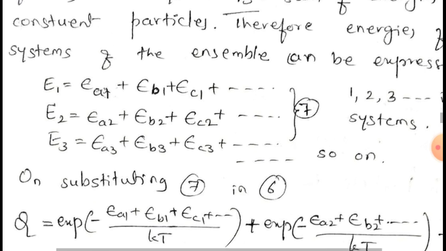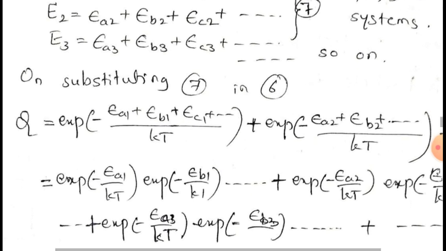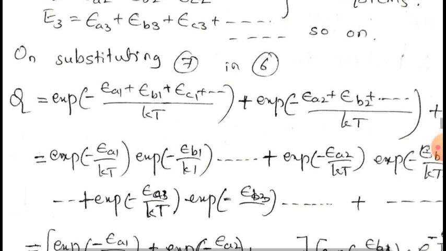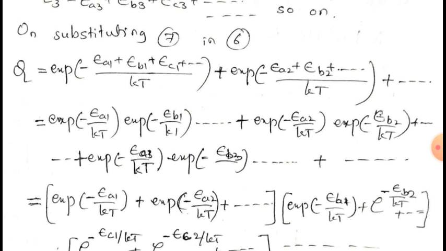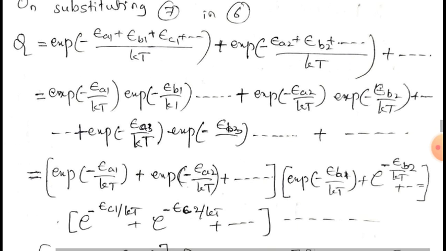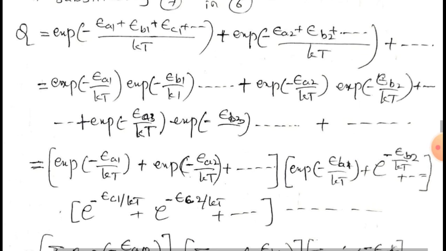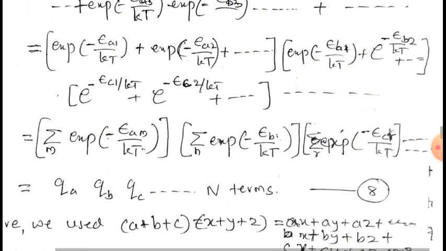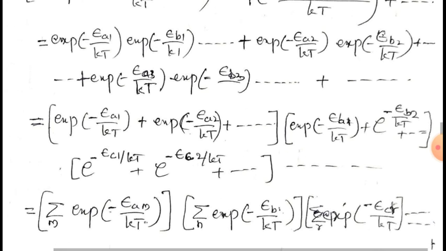And now substituting equation 7 in equation 6, that is the partition function of the system, after some rearrangements in the substitutions, we are going to get Q equal to a product of many terms.